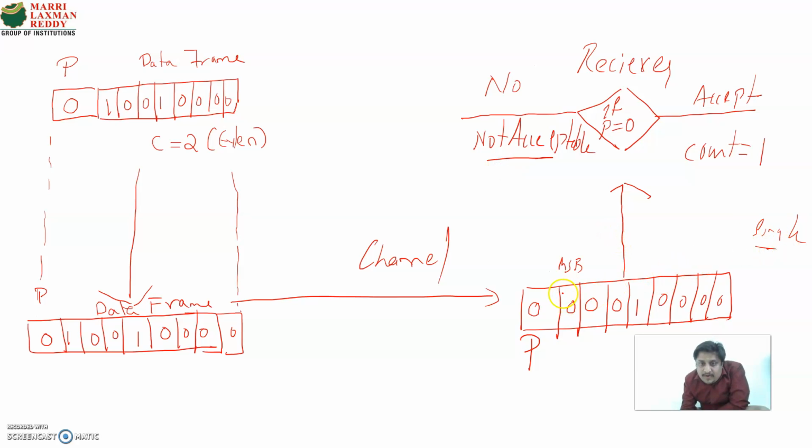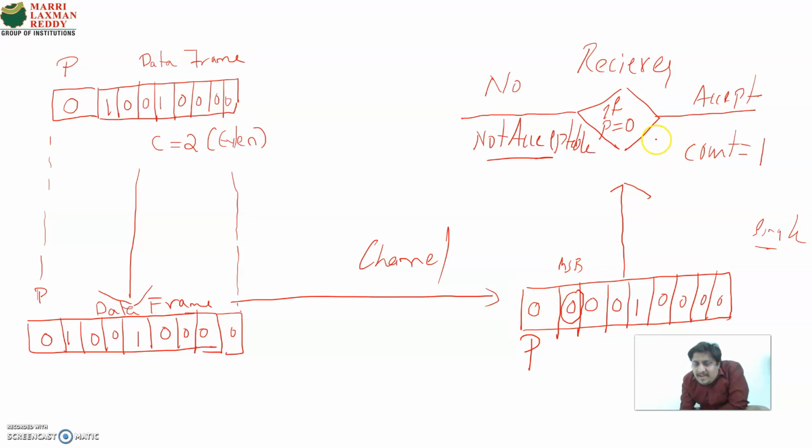In our case, when the receiver receives this particular data frame, during the transmission in the channel, due to some distraction, the MSB bit has changed from 1 to 0. But still the parity bit is 0 here.